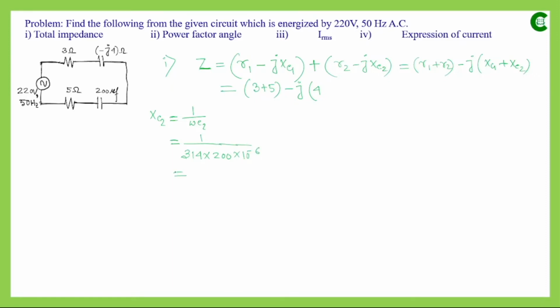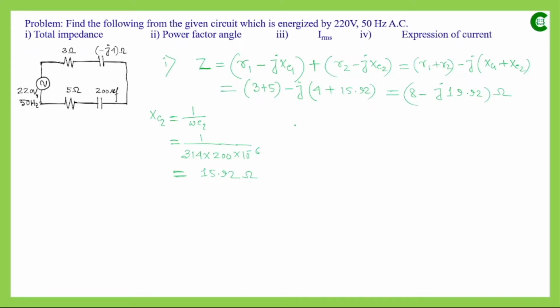When we calculate this value we will get 15.92, and since this is the value of the reactance, it will be in ohm. So in place of this reactance value we can write 15.92, and finally it will be 8 minus j19.92 ohm. So this is the impedance of this whole circuit.